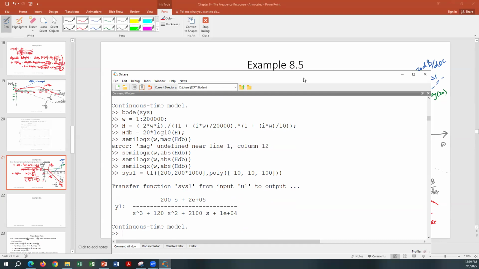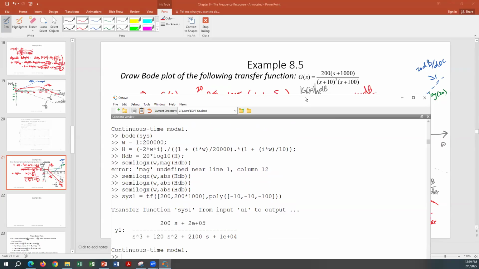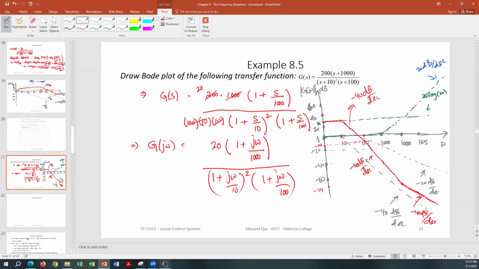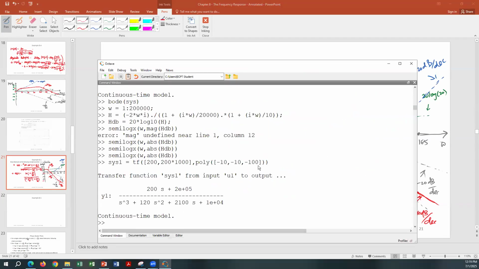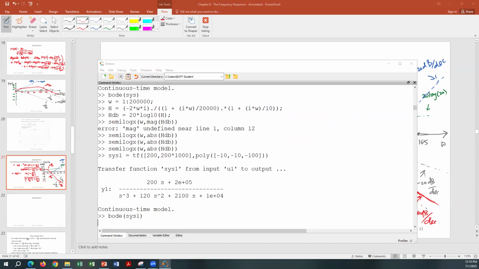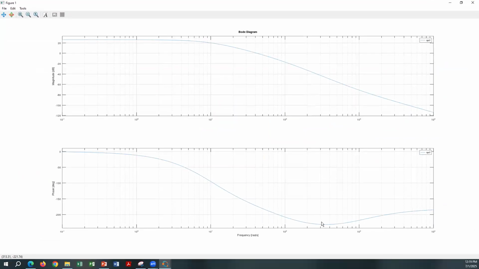The poly function is going to convert roots into the polynomial. So if you know the roots, instead of multiplying it out, you can just use the poly function and create the polynomial from the roots. And then we do the Bode of sys1. All right.